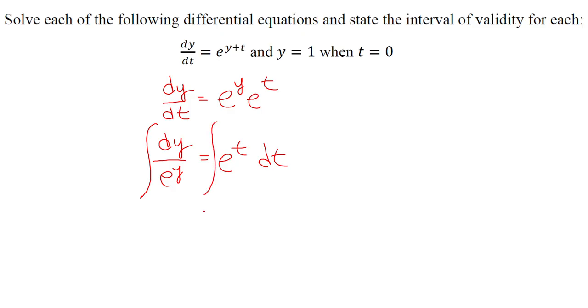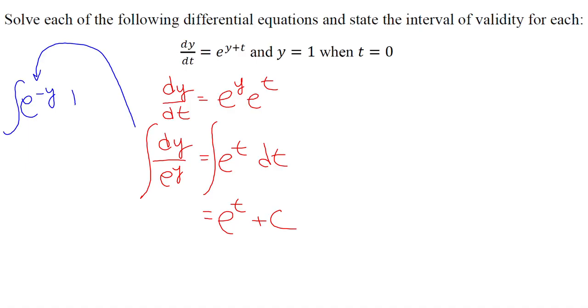Now the right-hand side here is just e to the t plus our constant. The left-hand side, we can think about that using our u substitution here. Like if we rewrite it as e to the -y dy, if we just move that up to the numerator and make the exponent negative, then we can do the substitution where u is -y and du is -1 dy.